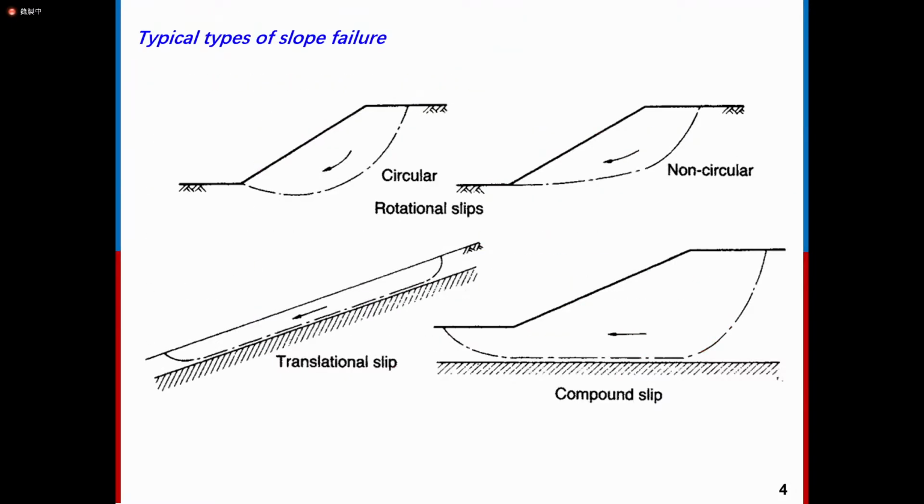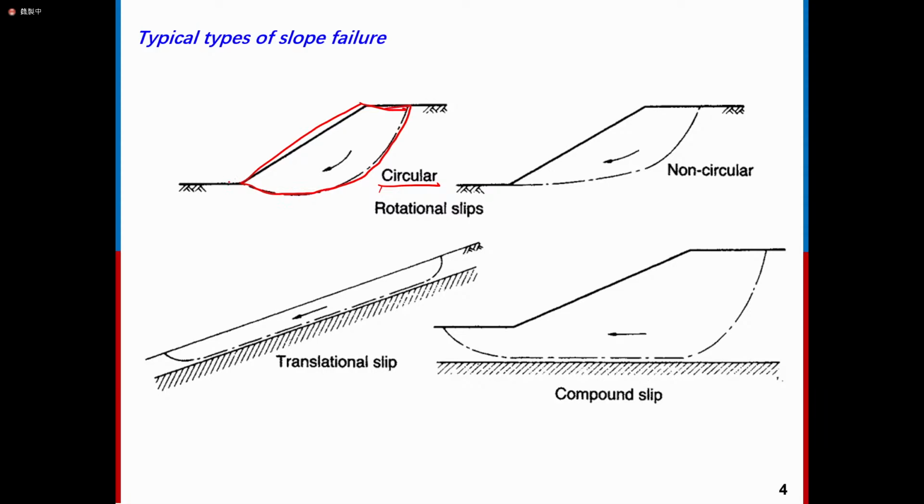As you may know, there are several typical types of slope failure. The first one is circular. Circular means the failure surface of the slope is such that this part is a soil mass, a rotating soil mass.